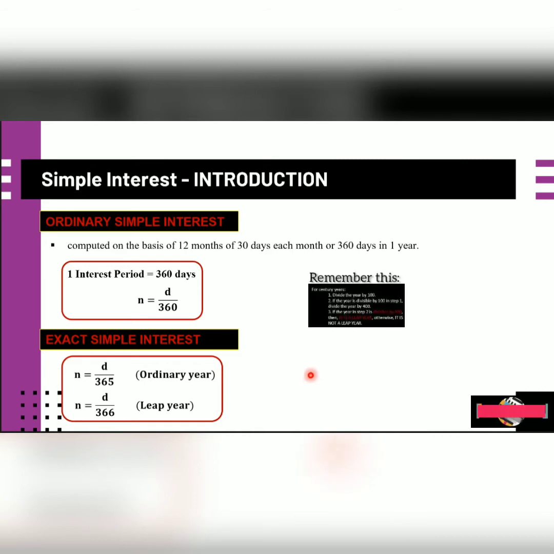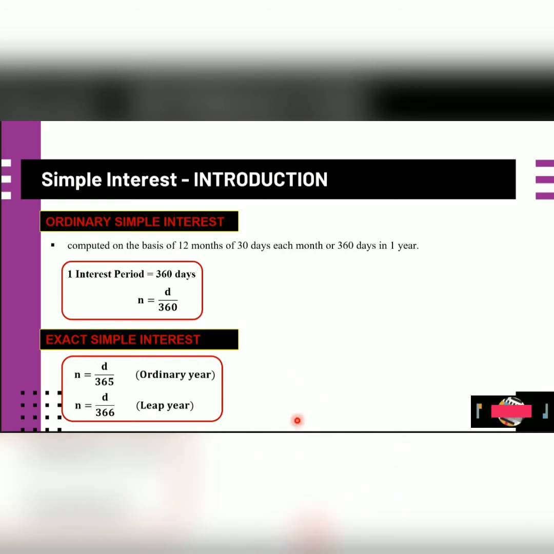But for the case of a non-century year, you also have to remember the steps in determining if your year is a leap year or not. So try to remember the century year consideration and the non-century year consideration.